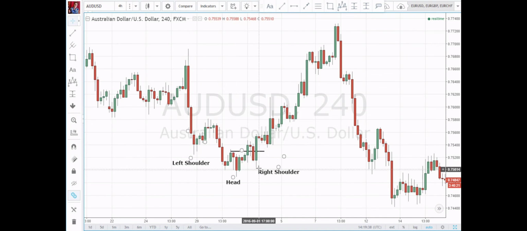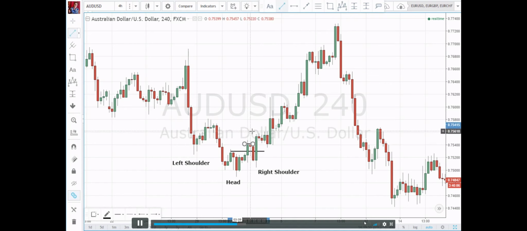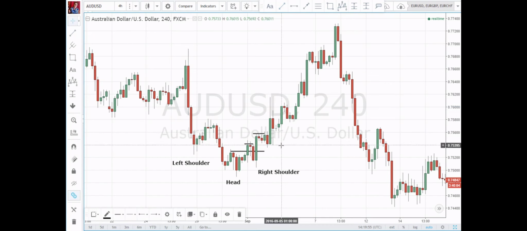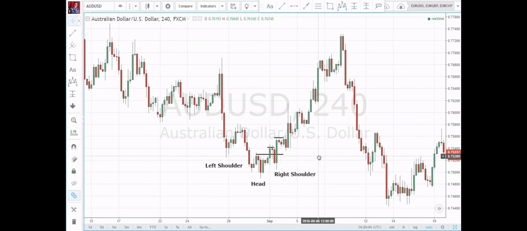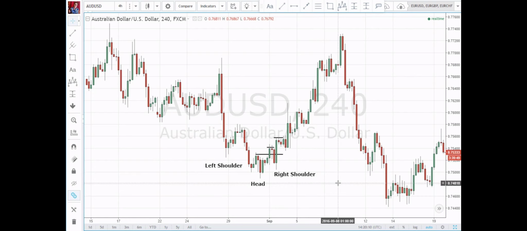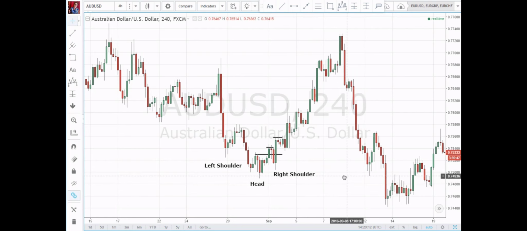Here we confirmed that we were also making a higher low, so we have a higher high here, a higher low here, and then here again we start the new uptrend with the first higher high and the second higher high. So at the bottom of such a pattern there is the head and shoulders, and then we just wait for the transition period. As I said, the head and shoulders is just a way of talking about transition periods and having a way of describing such a pattern.